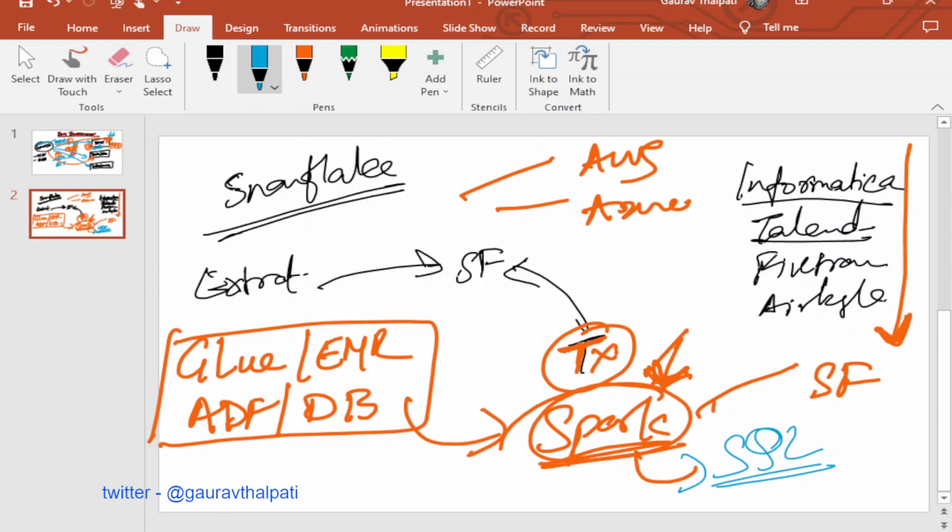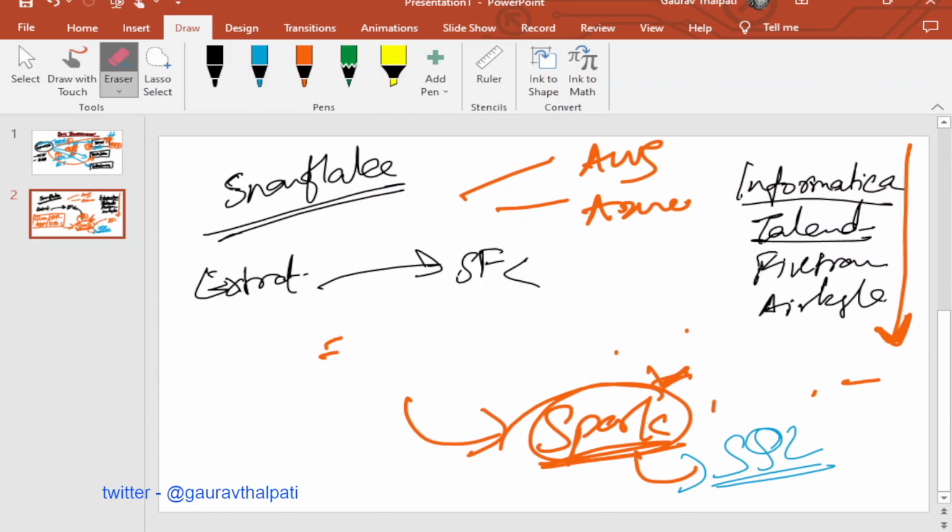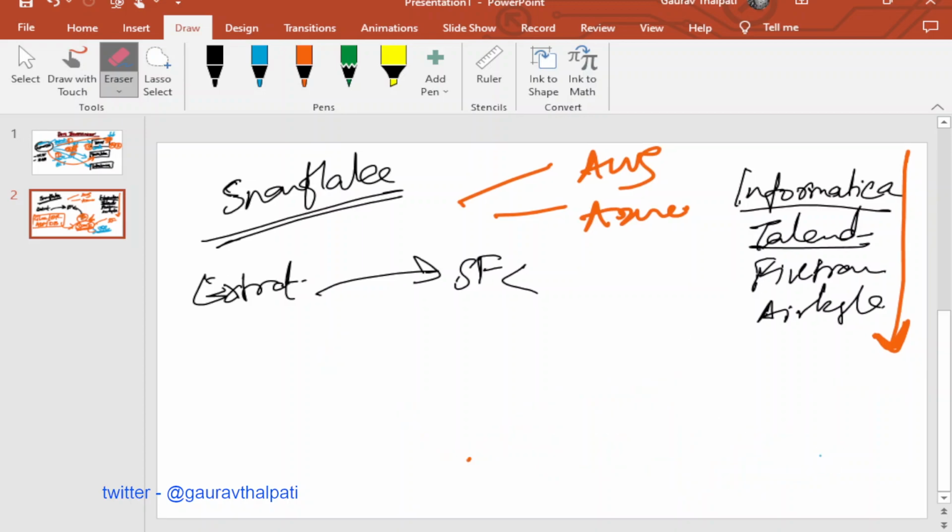So what are the things to consider here? Let me just erase this, and I'll use this same space. So either it is ETL or it is ELT. What are the key considerations that you will use? Basically it comes down to where you want to push your transformation logic.